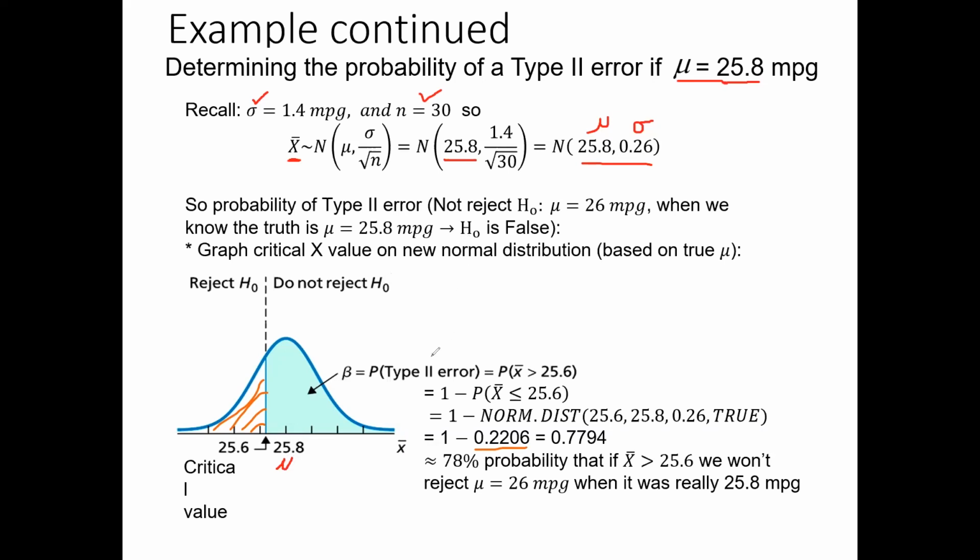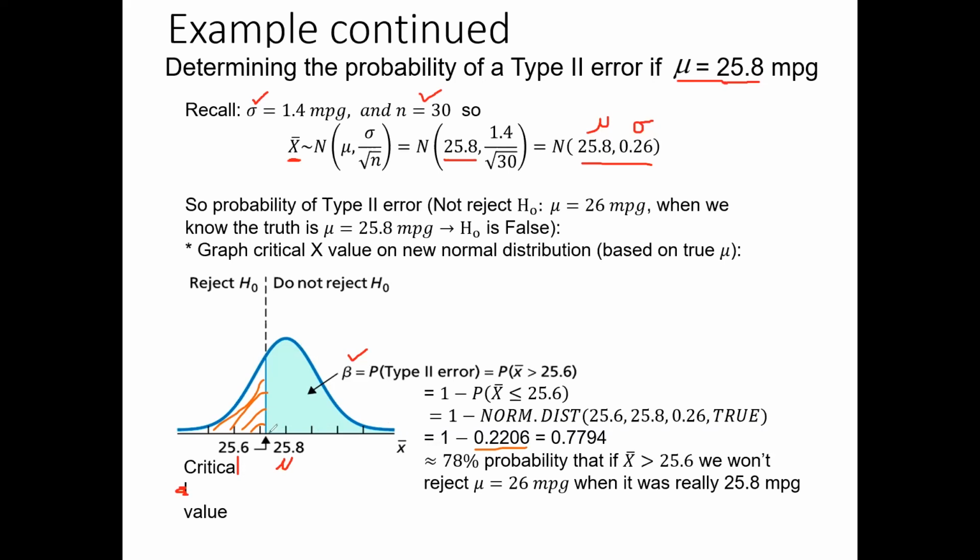And now we're going to plot on here the critical value of 25.6 that we had figured out from before from our null hypothesis. And what we're going to find is that the probability of a type 2 error, which remember we're going to call beta, is the probability that we get a sample mean greater than that critical value.